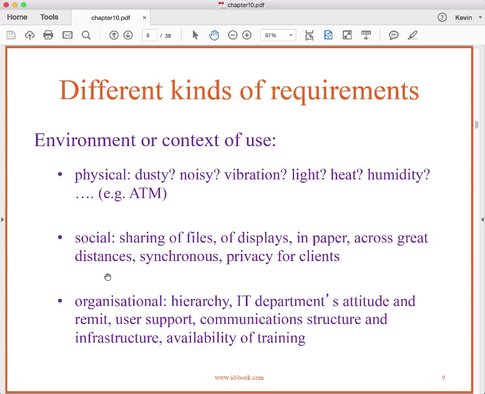They have these responsibilities that they've taken on. They're chartered to do a certain thing. In Brit speak, we'd call that their remit. Then what the user support's like, the communication structure, infrastructure, and the availability of training, and all kinds of things like that. So physical, social, organizational. Those are all very important environmental or context of use considerations that are going to be our primary concern, because we're not just systems analysts, we're interaction designers.